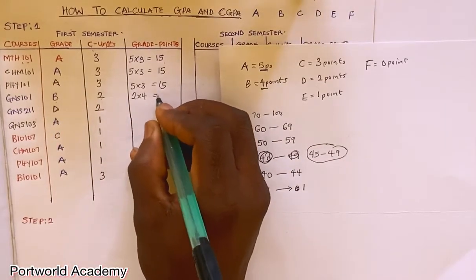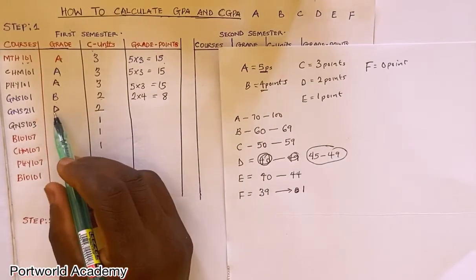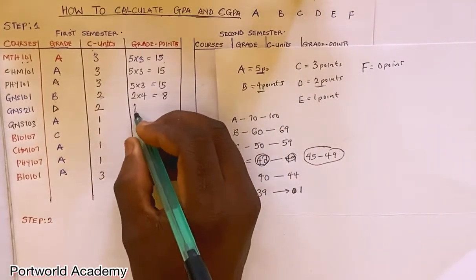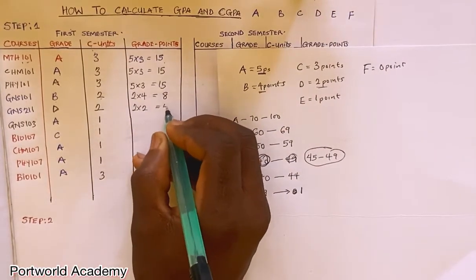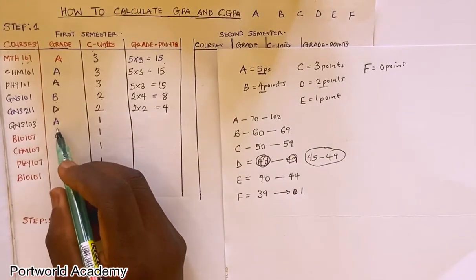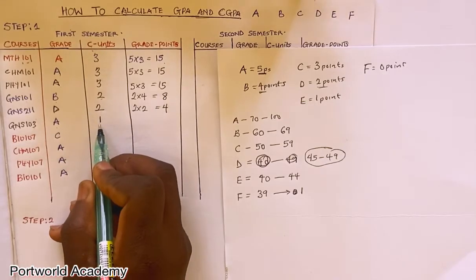Then GNS 211 also is a 2 units course. Then you had D, which is 2 points. Then 2 multiplied by 2, that's 4, right? Then your GNS 113 is just A, and it is a 1 unit course.